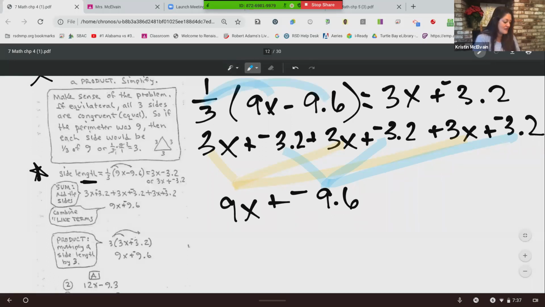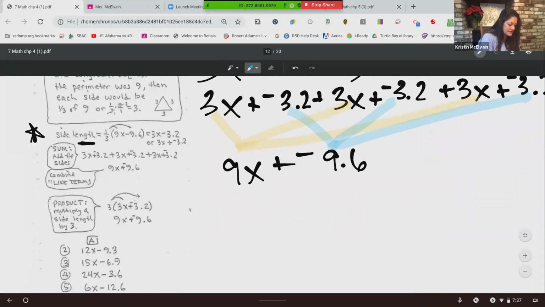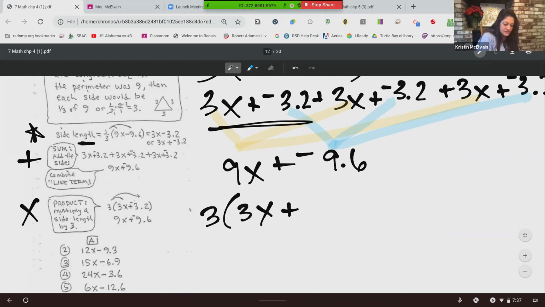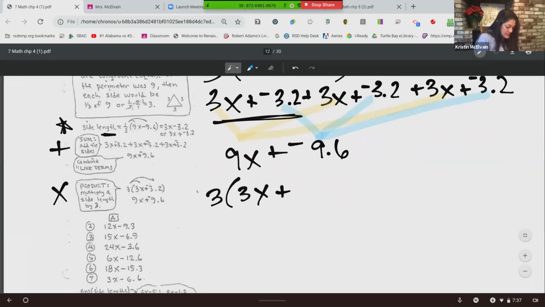All right, so that is for the addition. Then it wants us to show it as a product, or as a multiplication. So we have 3 times 3x plus negative 3.2, and this appears after we have the 1/3. You see it's the same thing.